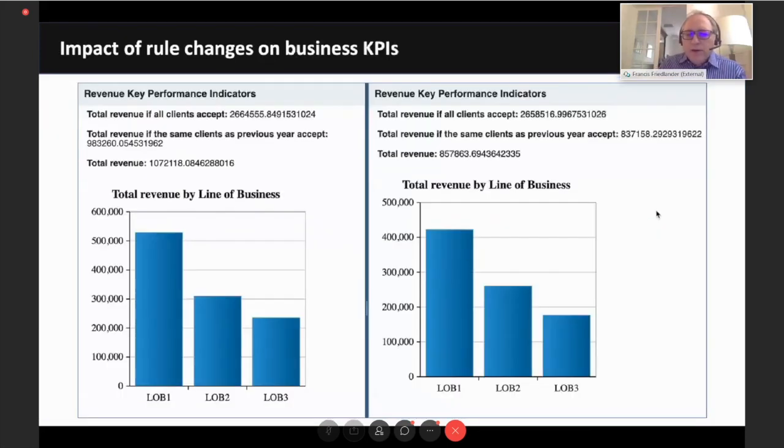And in the same way, you can run the simulation before and after changing the rules, and you can figure out what is the impact on your total revenue. But if you are deciding, for example, if you use business rules to assign work to people, how many people are going to be overwhelmed with work, etc. So this is really a very powerful tool, these simulations.